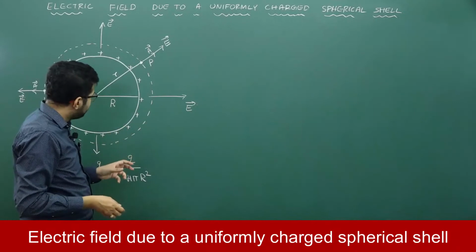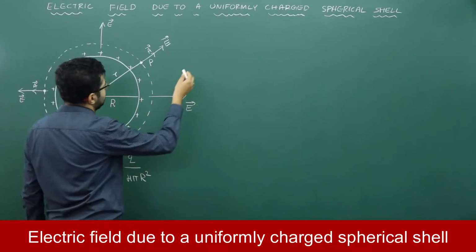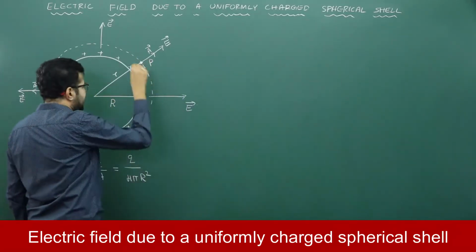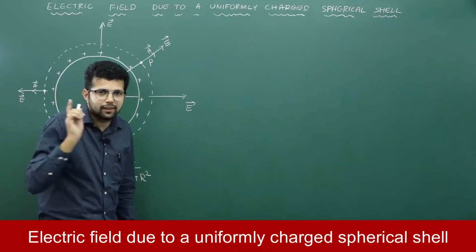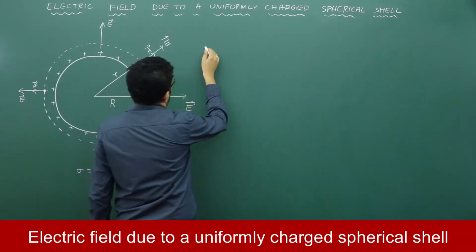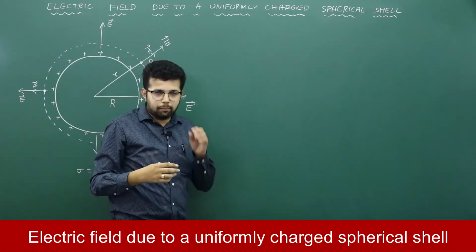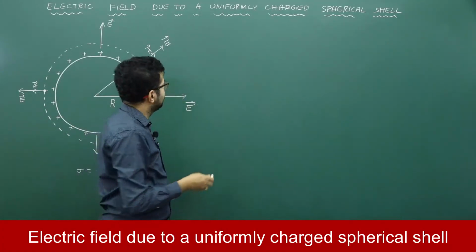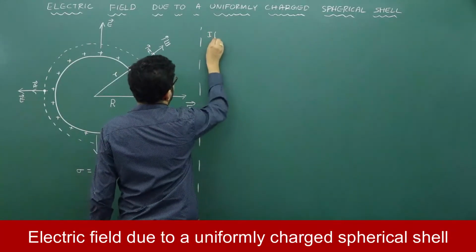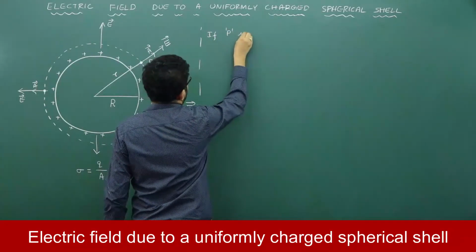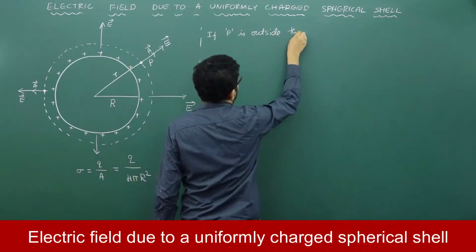So, we can directly calculate electric flux, and at any point on the Gaussian surface, the magnitude of the electric field is the same. Now, we have considered the point P outside the spherical shell.